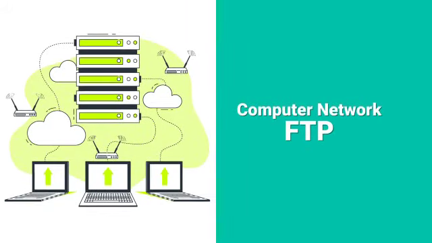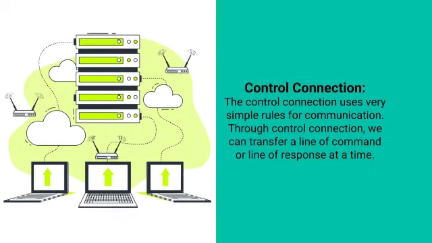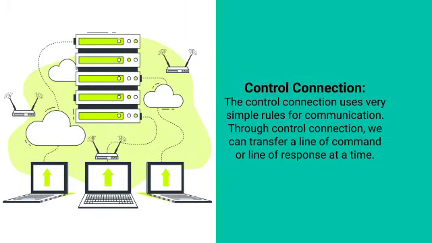Computer network FTP, where the control connection uses very simple rules for communication. Through the control connection, we can transfer a line of command or a line of response at a time. The control connection is made between the control processes and remains connected during the entire interactive FTP process.